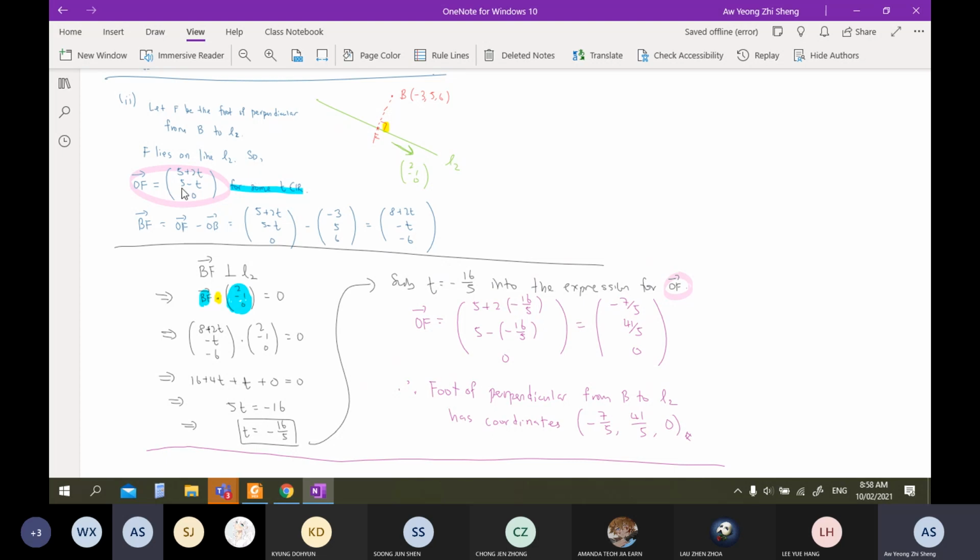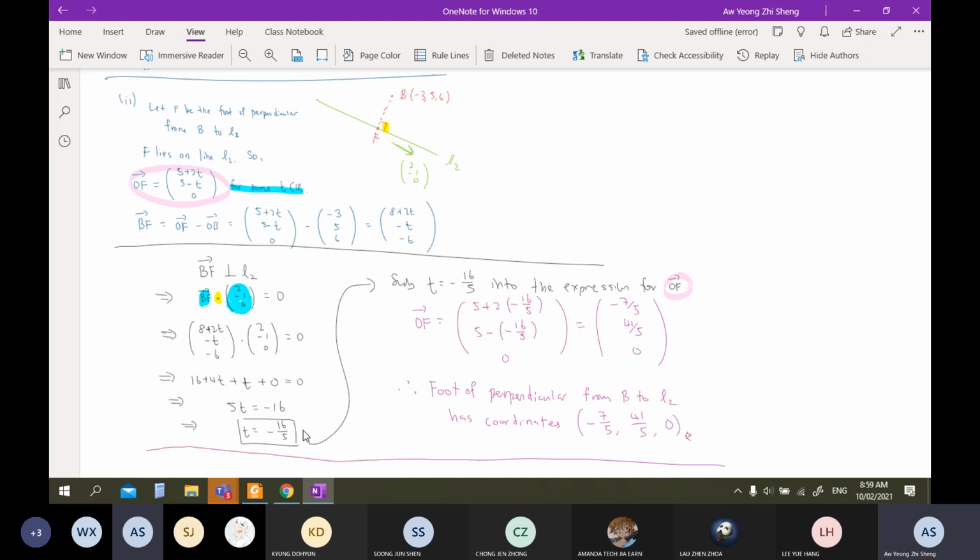Then you would get OF in terms of the parameter. Next step, get a vector in terms of t, where the vector is perpendicular to the direction of L2. So you either get BF or FB in terms of t. Then take the dot product of the pair of perpendicular vectors, set it to 0 due to the 90 degrees.